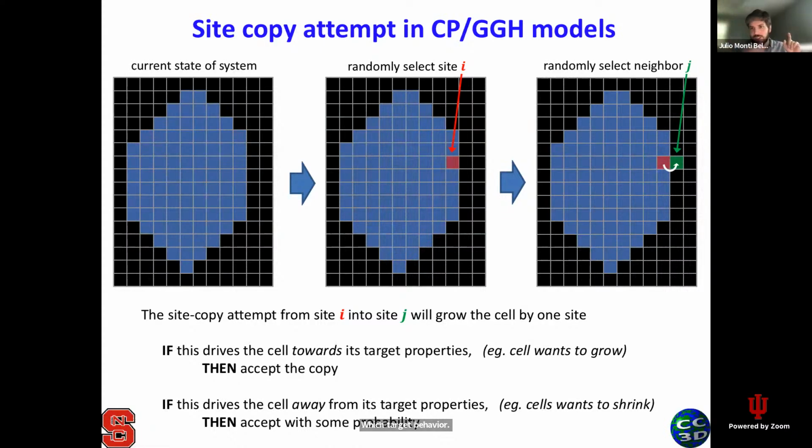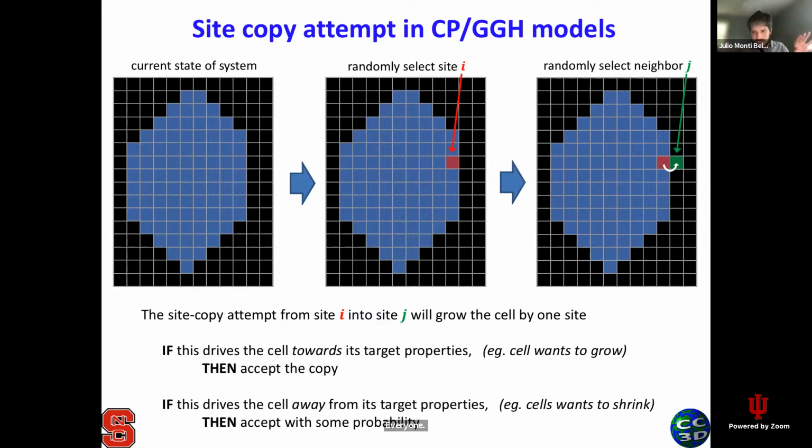I see there's another hand raised. So I have a question. So you first select the random site I, and those random sites that you select in the first place are always on the boundary. Is that true? And never in the interior, right? No, no, you select everywhere, anywhere.